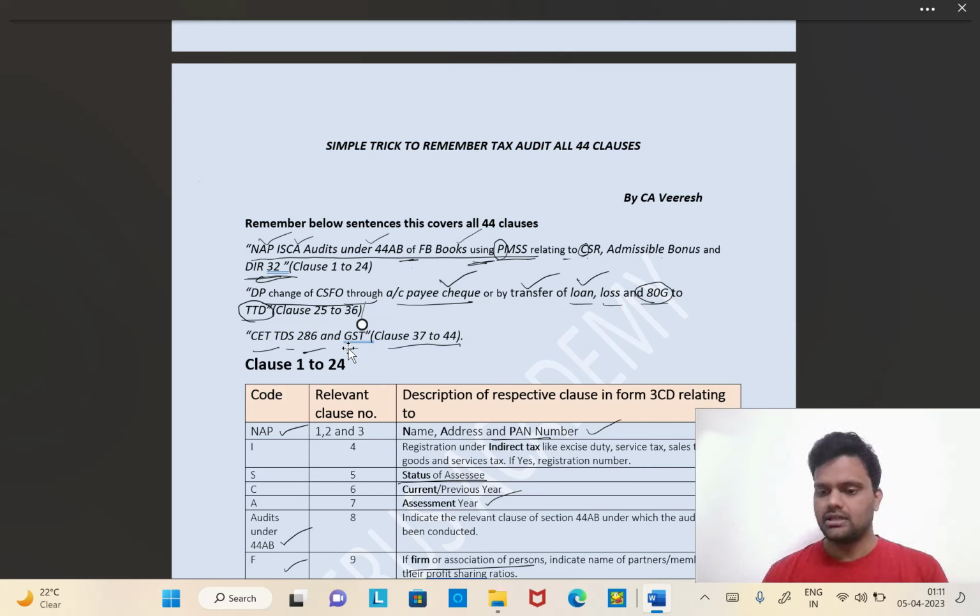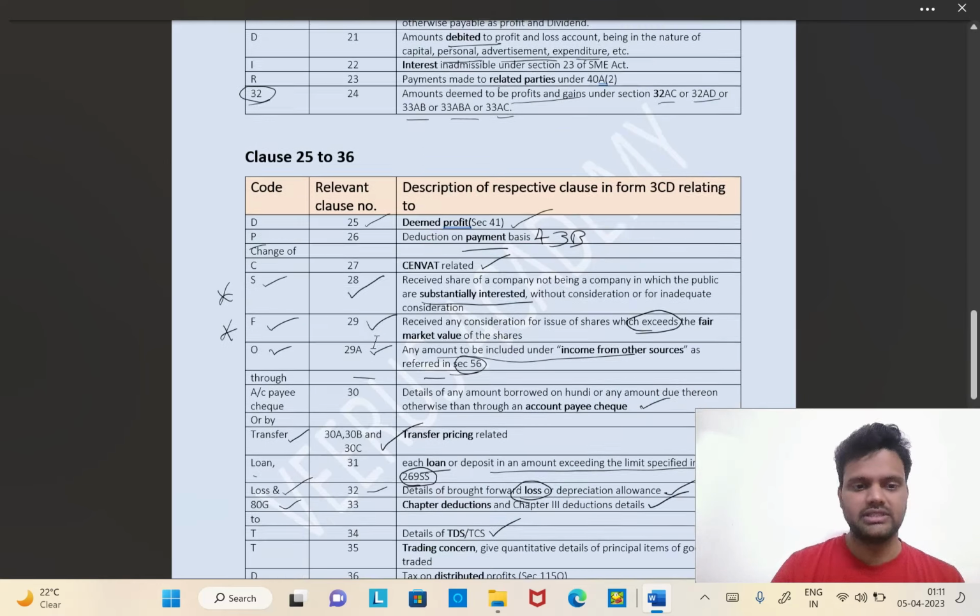CET means common entrance examination, like MCET, AUCET and other common entrance examinations. TDS means 286, where I directly use the section number here. TDS 286 and GST. Now we will see the meaning of this code.